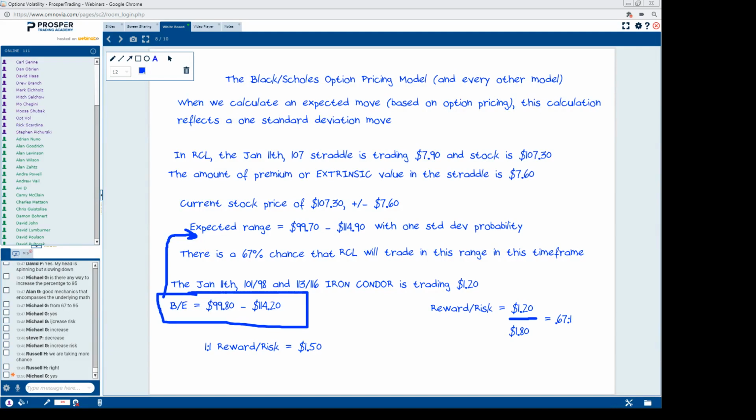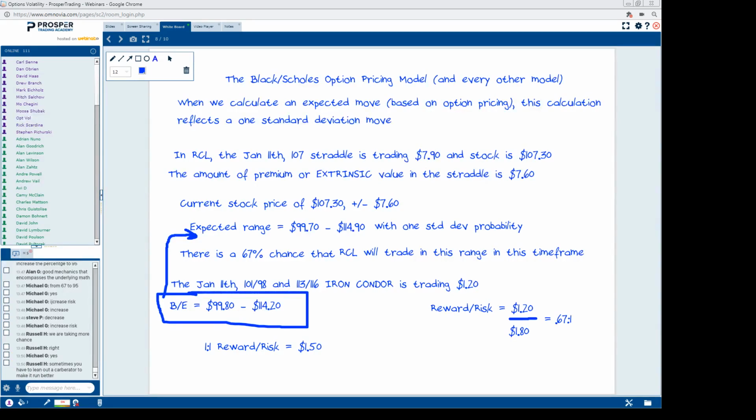Now, certainly there are other things you want to factor in here, right? This is just the math part of it. In whatever stock you're looking at, you certainly want to look at how those break-even ranges, upside and downside, correlate to any support and resistance, or other technical factors in the stock.